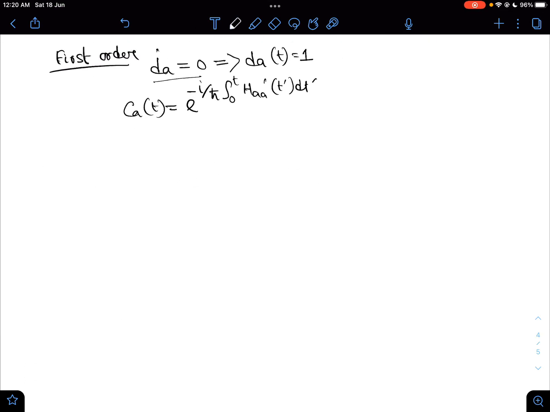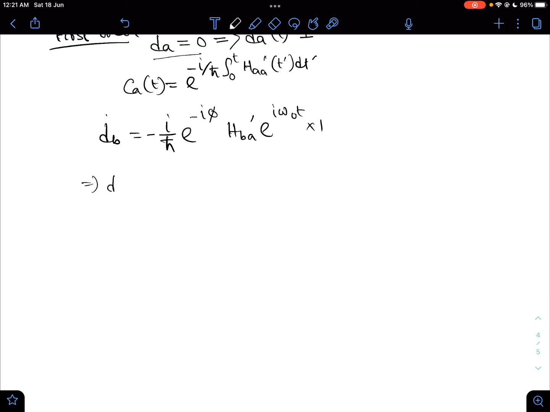And what will be dB prime in first order? So dB prime will be minus i/ħ e^(-iφ) H_ba' e^(iω0 t), and we will have dA, which is 1 in first order. So we have to multiply this with 1.